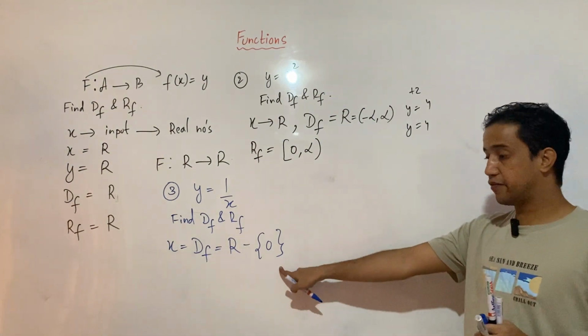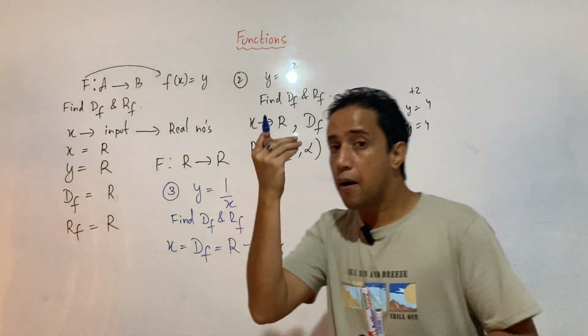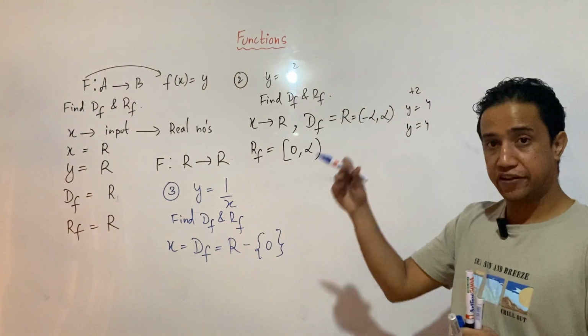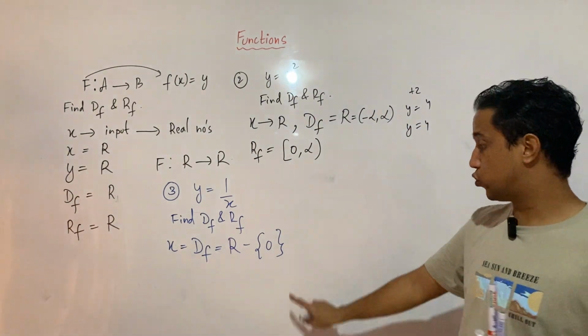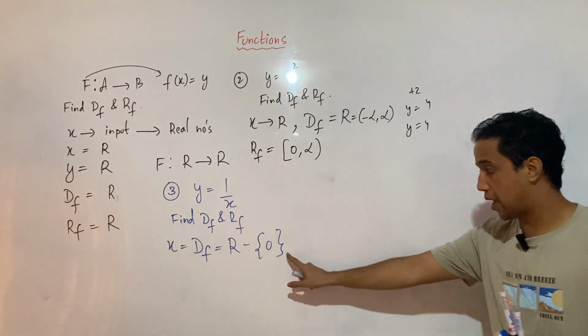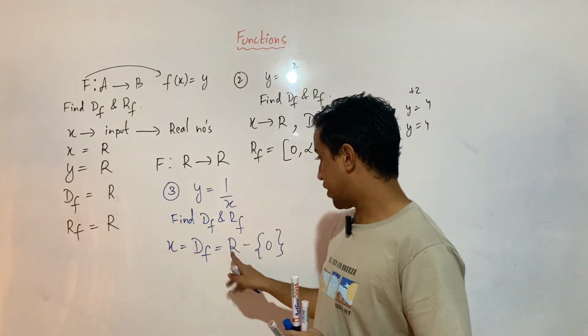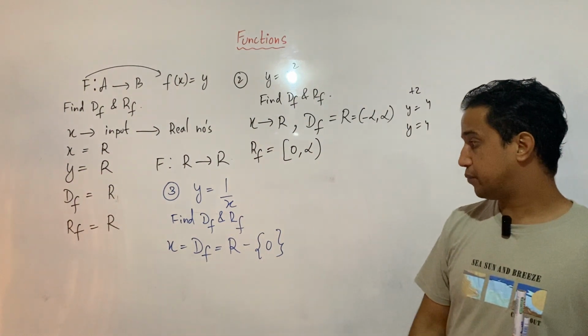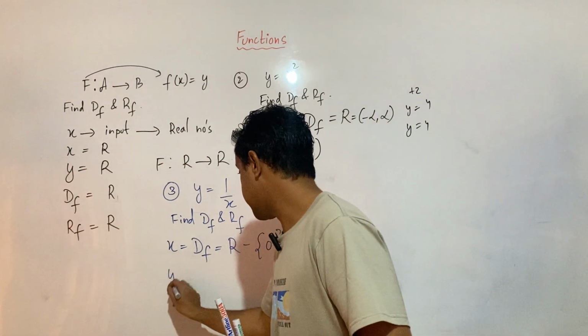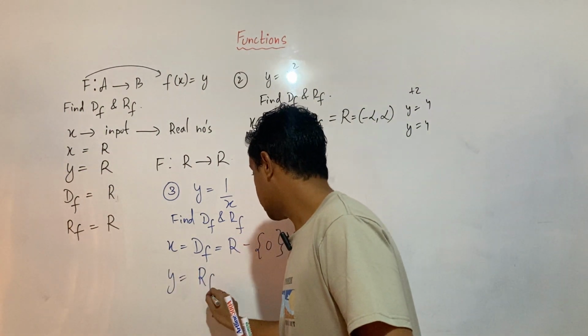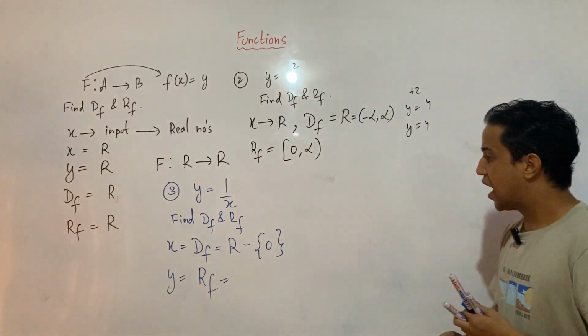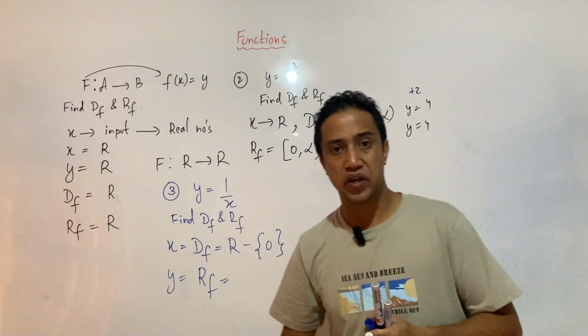And I have told you before, when you have to exclude particular values from the interval, you have to use this form, right? So x is going to be R minus 0, and what's going to be your y, your range? Your range is also going to be the same.